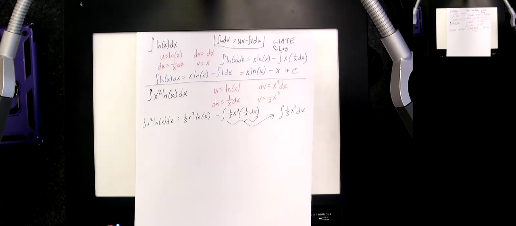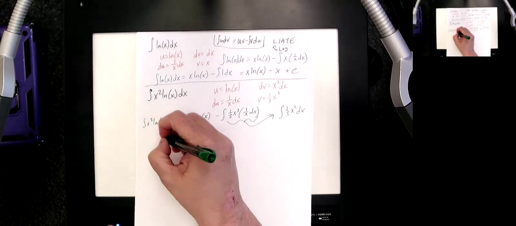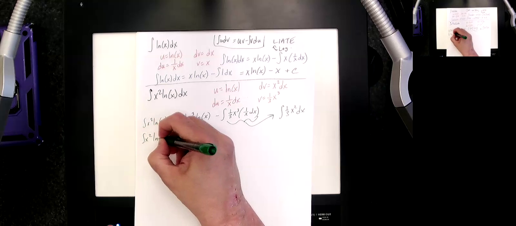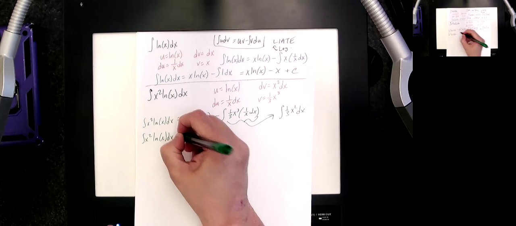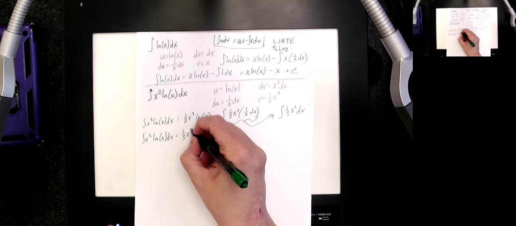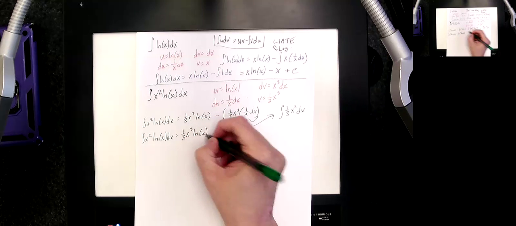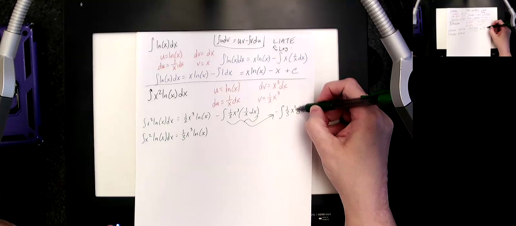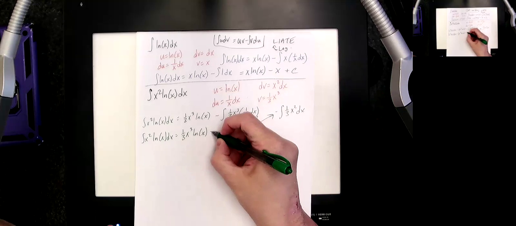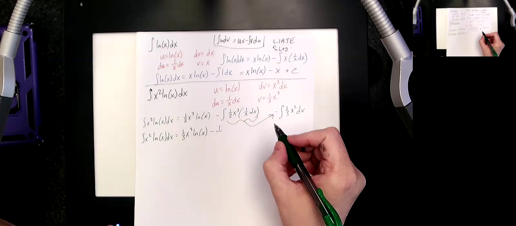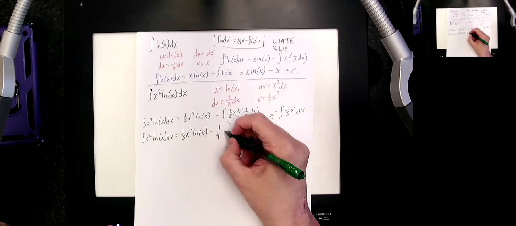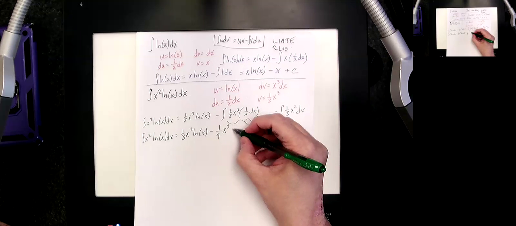I'm gonna clean it up. So our integral, when we finish it out, is 1/3 x cubed natural log of x. We're doing minus the integral of that, up a power, divide by the power, and there's a minus sign up front. 1/3 times 1/3 is 1/9 x cubed plus a constant.